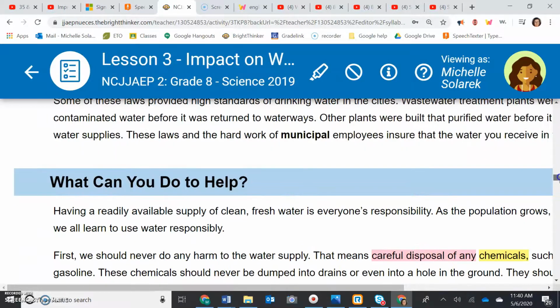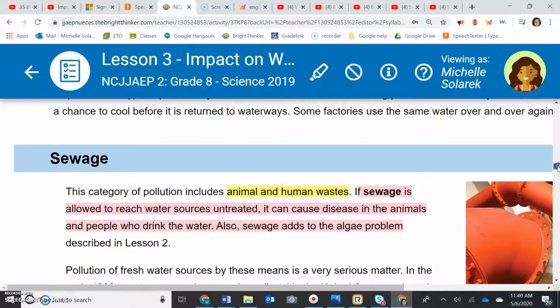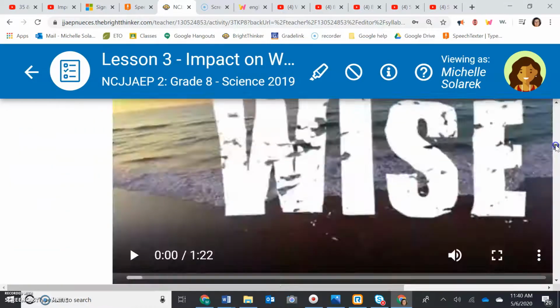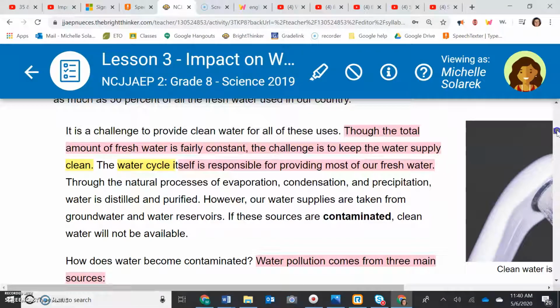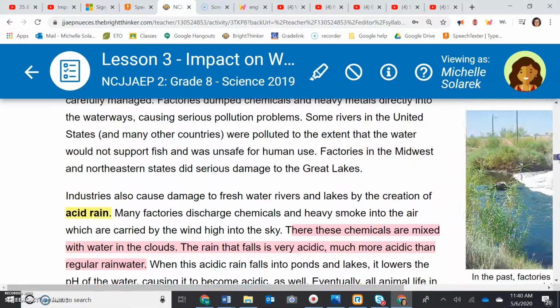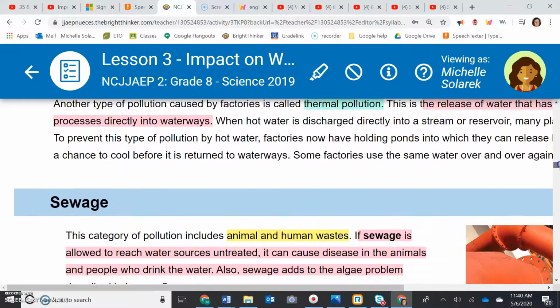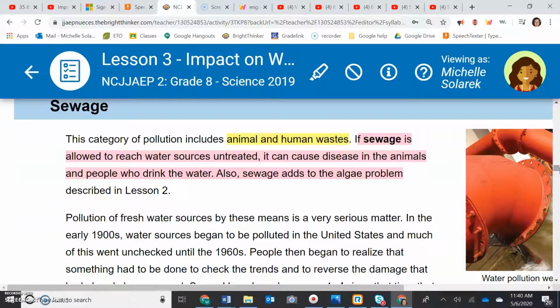Okay, we really are almost done here. Let me look at what answer you're at. 1, 2, 3, 4, 5. Now we're doing 6, I believe. Okay, so this is really gross. This is the grossest one of all. What is sewage?